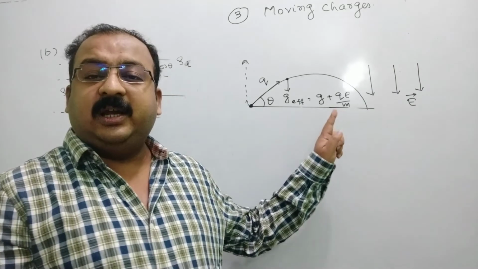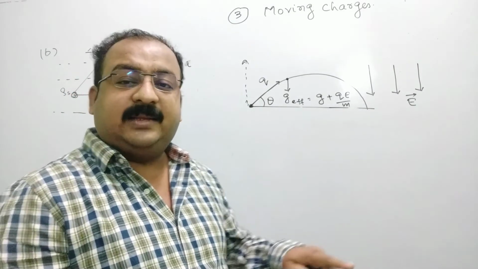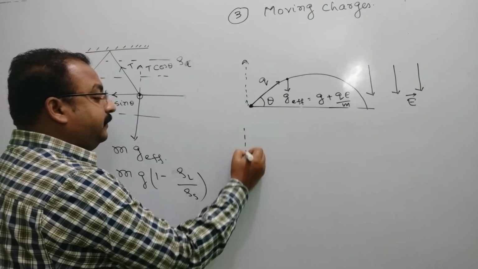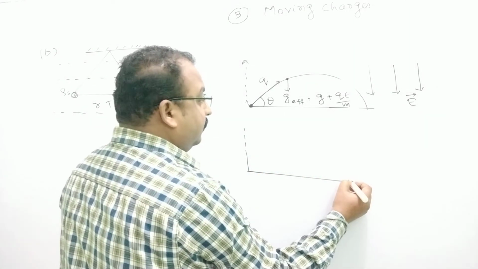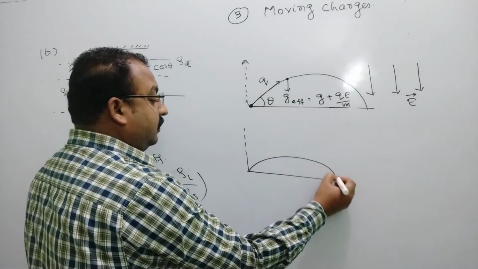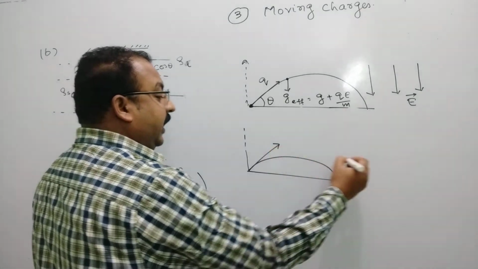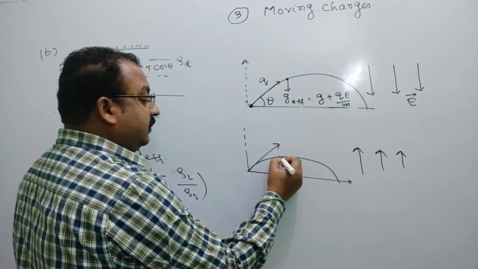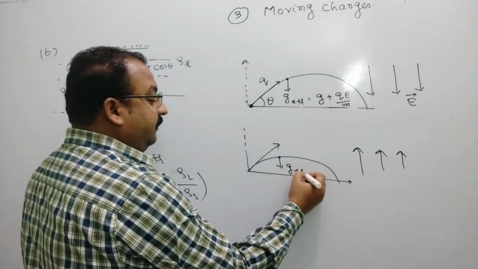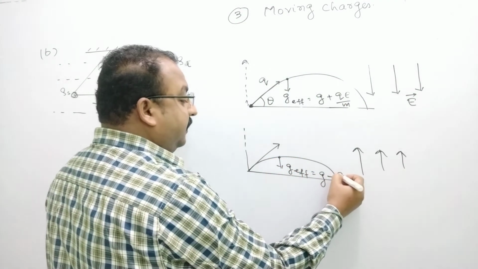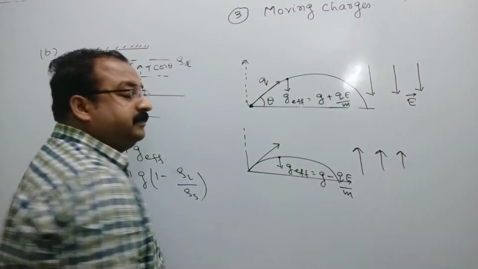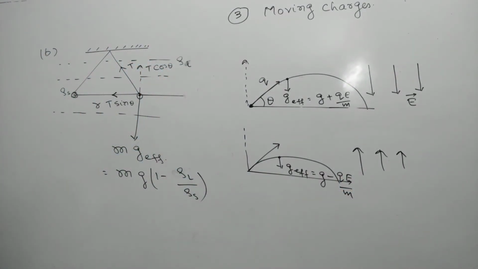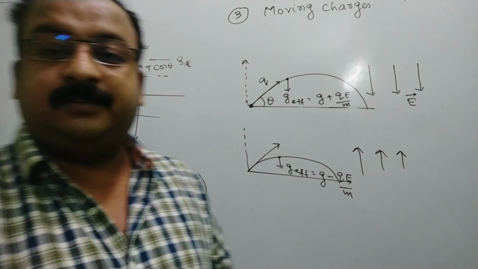In place of g, we take g effective. Similarly, if the electric field is acting in the upward direction, g effective will be g minus QE by m. Okay. Thank you all.